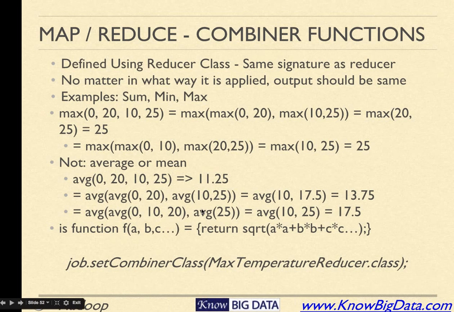All right. Now, a question to you is that this particular function combines all these values by doing square root of a square plus b square plus c square and so on. So a function which returns a square root of summation of squares, is such a kind of function a valid combiner? Can anybody tell me?